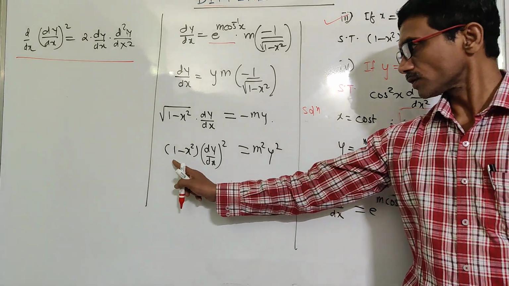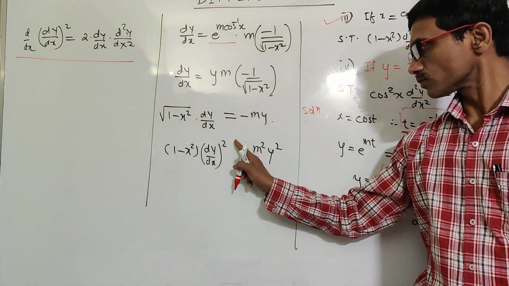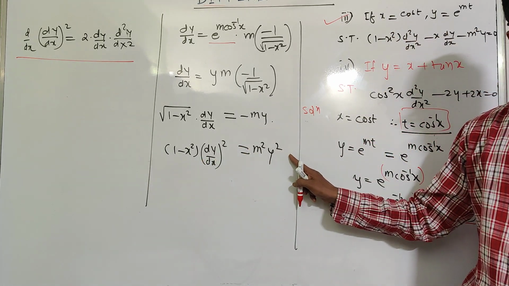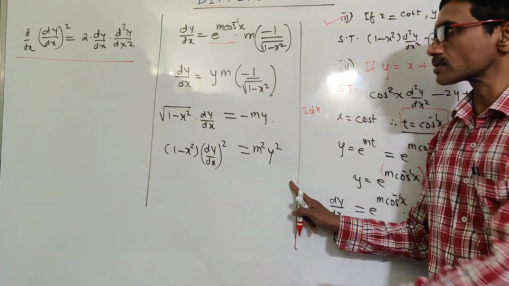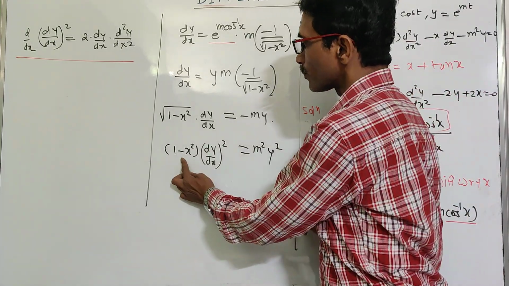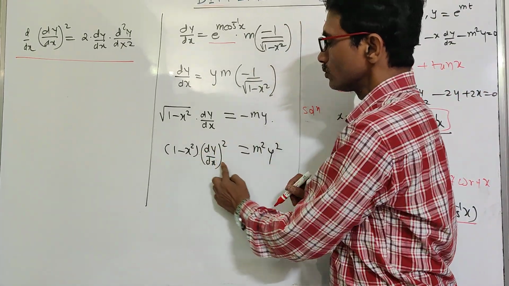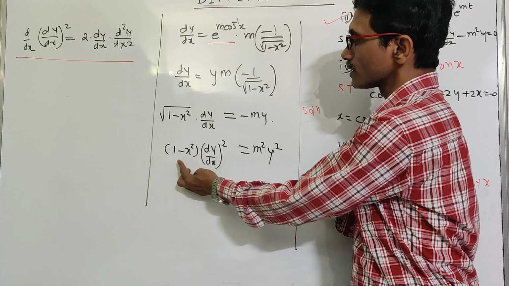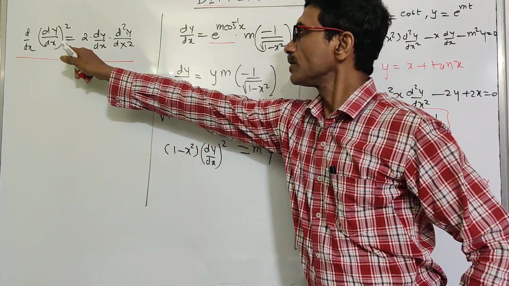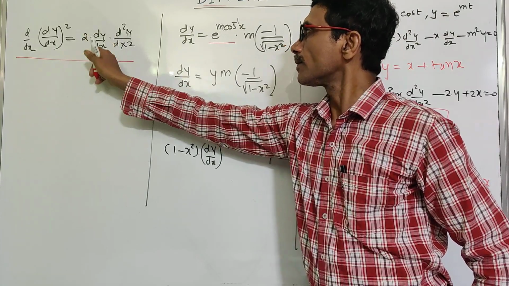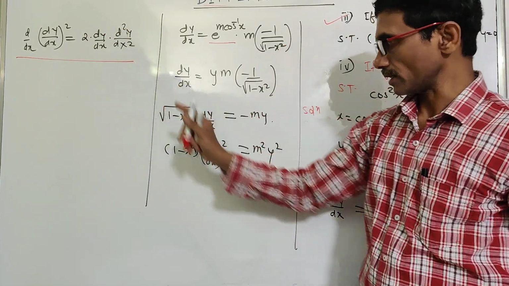So this relation, 1 minus x square into dy by dx whole square is equal to m square y square. We are differentiating it again with respect to x. So in this there is a product u into v. So u into derivative of v plus v into derivative of u. For derivative of v we will have to use 2 dy by dx d square y by dx square.